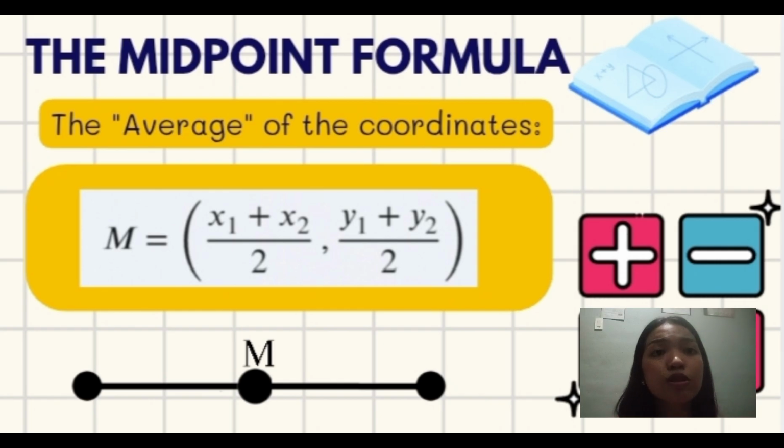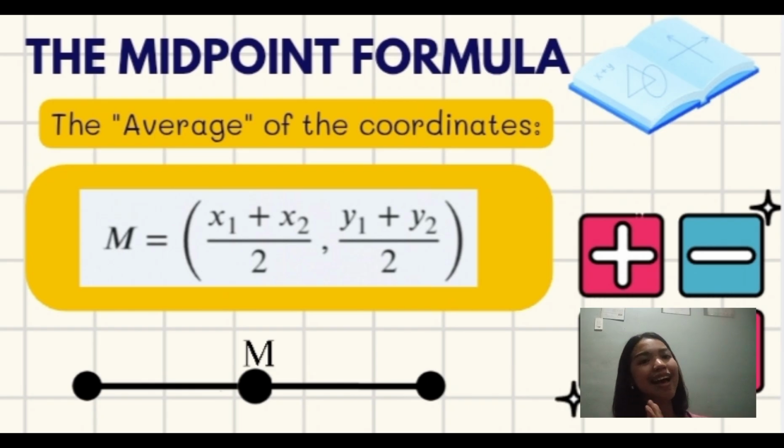M is equal to (x sub 1 plus x sub 2, y sub 1 plus y sub 2), and you have to divide it by 2. You simply add the two x coordinates and divide by 2, then add the two y coordinates and divide by 2, and we have to look at our next example to see this in action using the formula.